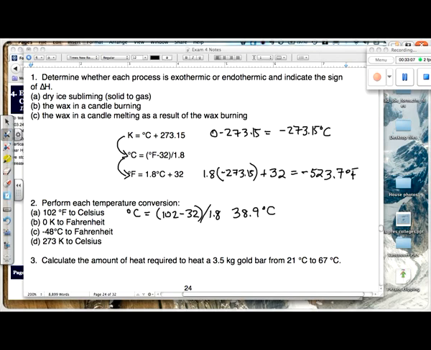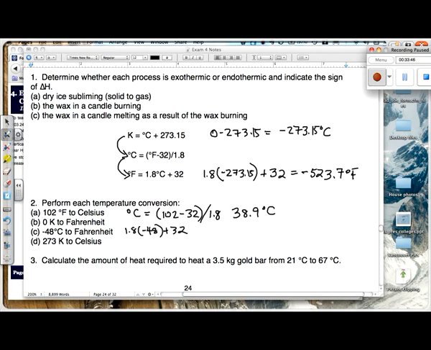C, going from Celsius to Fahrenheit, so we just did that one. So 1.8 times the negative 48 plus 32. Oh, I think I just messed up on the B. Let me redo that. So 48 times 1.8, and that's a negative.